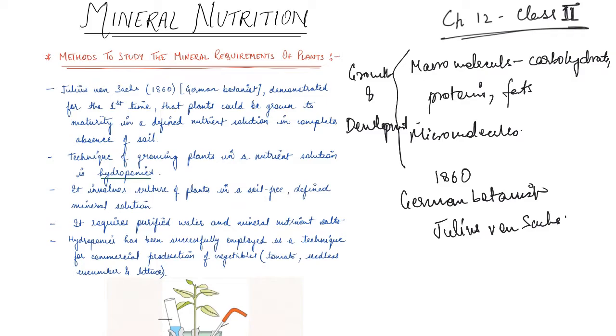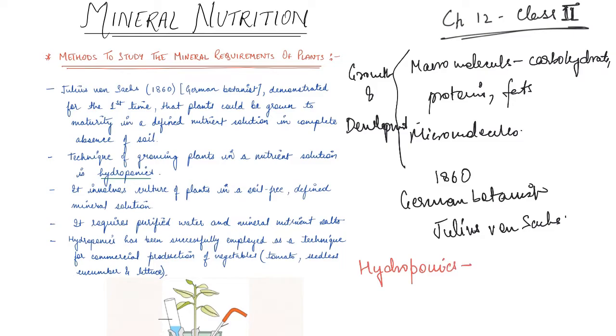That means plants can be grown in a medium that has no soil at all. There is complete absence of soil. And this technique of growing plants in a nutrient solution is known as hydroponics.